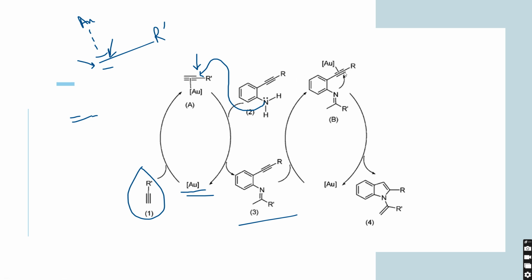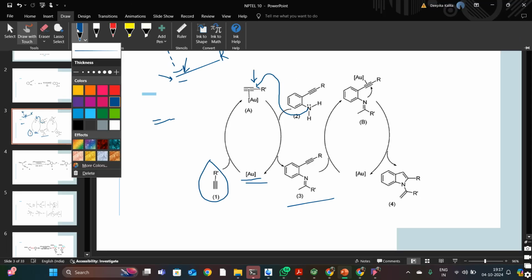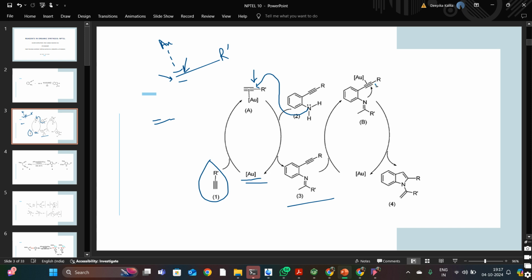And in this case also you can see that two types of carbocations can form. Okay, in this alkyne also, this is one possibility of formation of carbocation and this is the second possibility of formation of carbocation. But this time you have to see how many membered ring you are going to get.